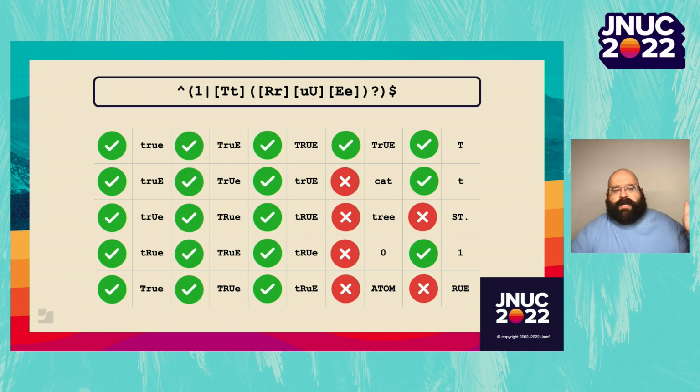So there's going to either be a 1 or there's going to be an uppercase and a lowercase t. If there's an R after it, because the R is an optional character, it has to be followed by U and E. That whole group of R, U, and E is optional, not the letters by themselves. So now we have something that meets all 19 of our conditions.